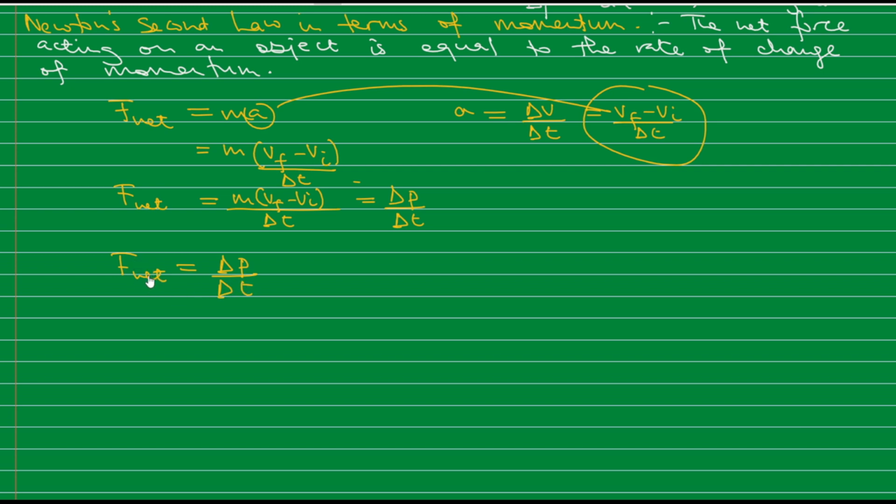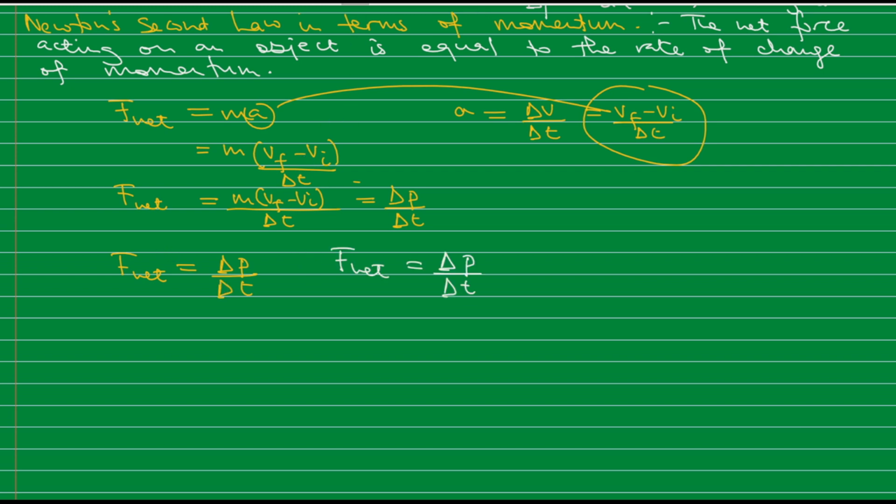So we can write the net force as delta P over delta T, which is the change in momentum over change in time. Now, there are cases where we have to use this formula in our calculations, so it's one of the most important formulas we get.